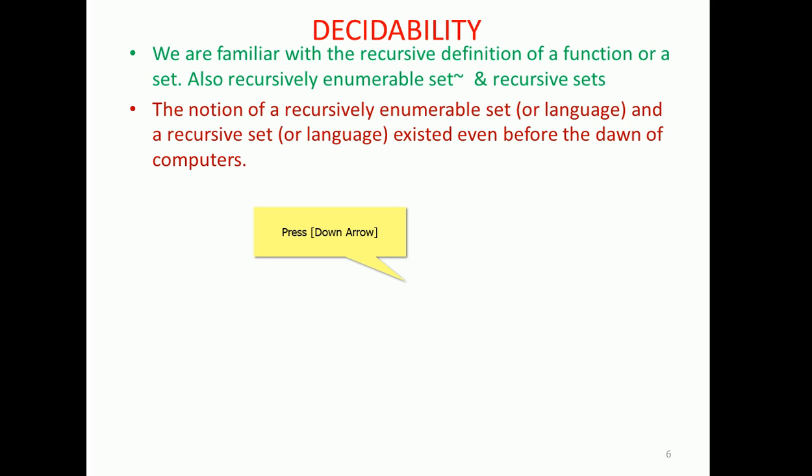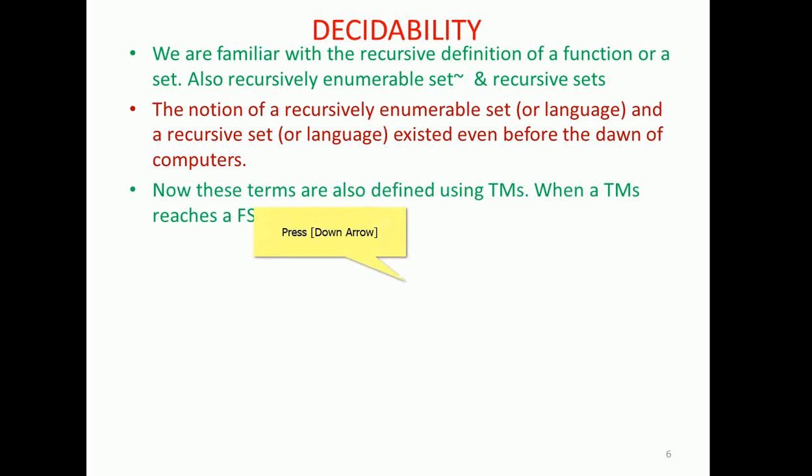Those were there in grammars, when talking about certain languages which later were taken into computers, before the theory for computers had developed. So even before that, recursive sets and recursively enumerable sets existed and supported many theories. That's why the computer came later; before that this recursive nature was there in the literature.